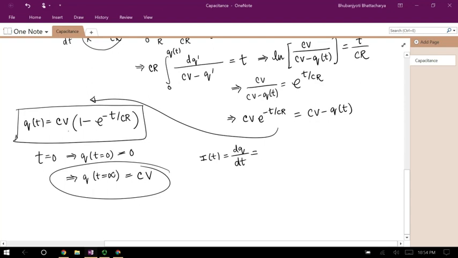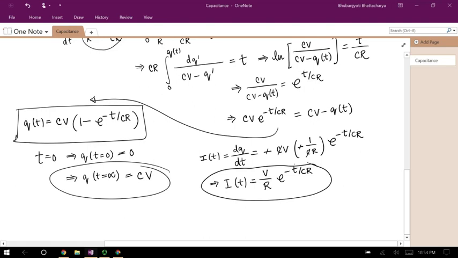But the second term's derivative will give us negative CV times negative 1 over CR times e to the negative t over CR. Here the negatives will cancel and the C will cancel. So this will give us I of t is equal to V over R times e to the negative t over CR.